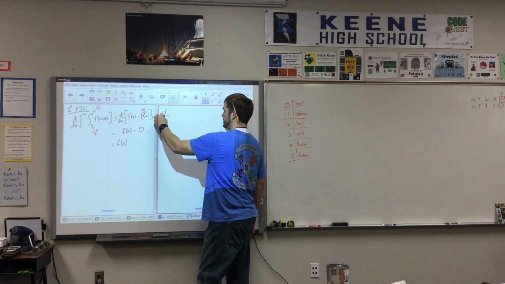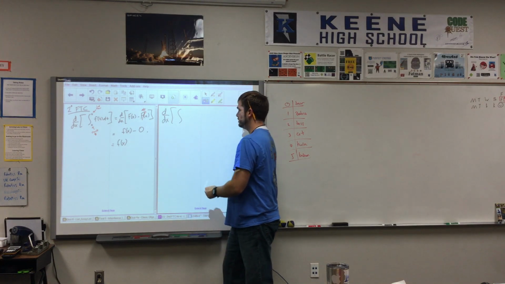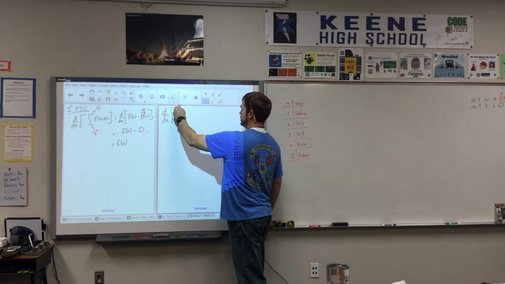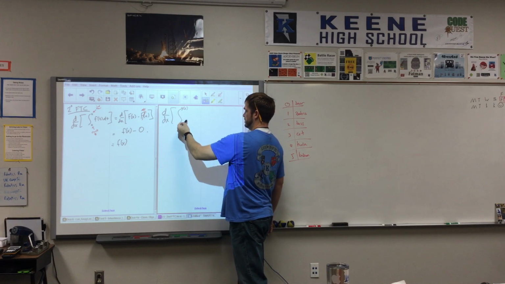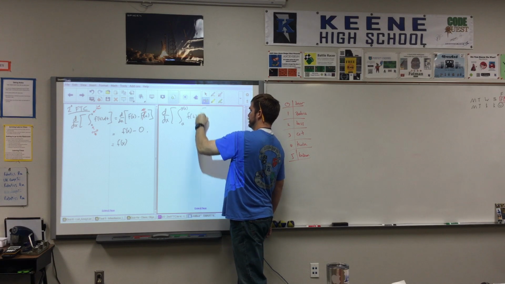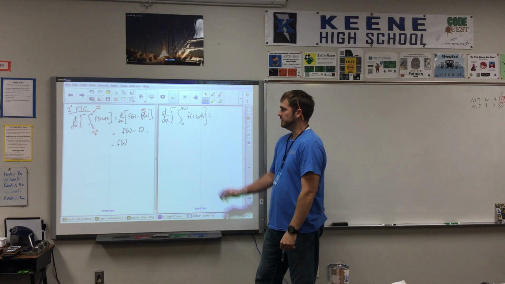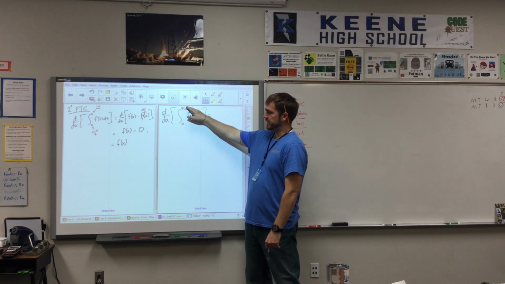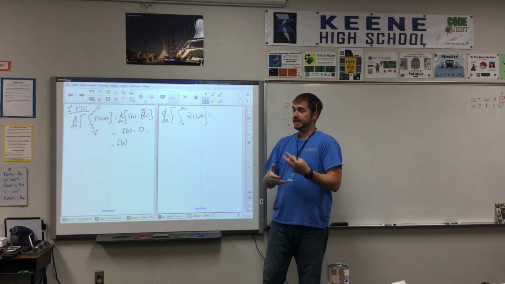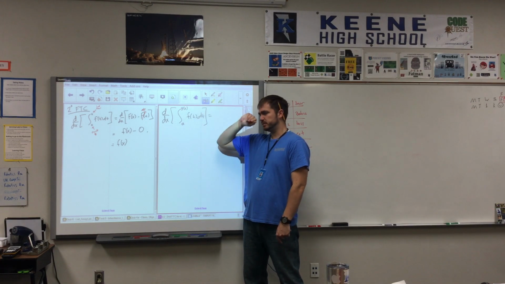The derivative with respect to x of the integral from a to g(x) of f(t) dt. So what I'm suggesting now is that our upper bound isn't x, it's rather a function of x, like x squared or sine x or something like that.